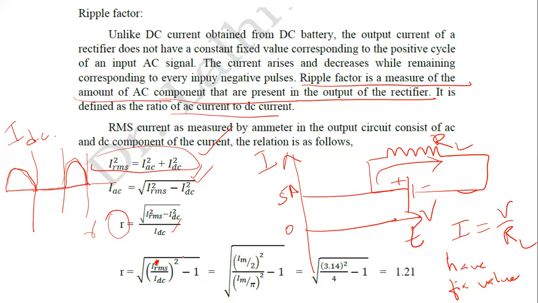So if you put the value of IRMS we calculated, and the value of IDC we calculated, then you will get the ripple factor as 1.21. That means there is a significantly large amount of alternating current signal component in the output of a half-wave rectifier.